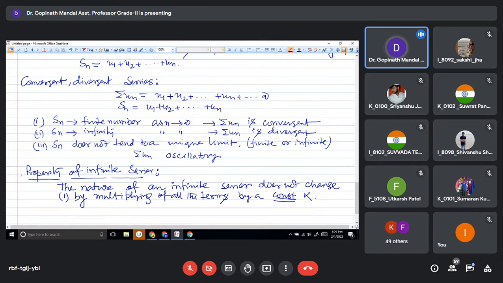If we multiply by a constant term k, the nature of the infinite series does not change.